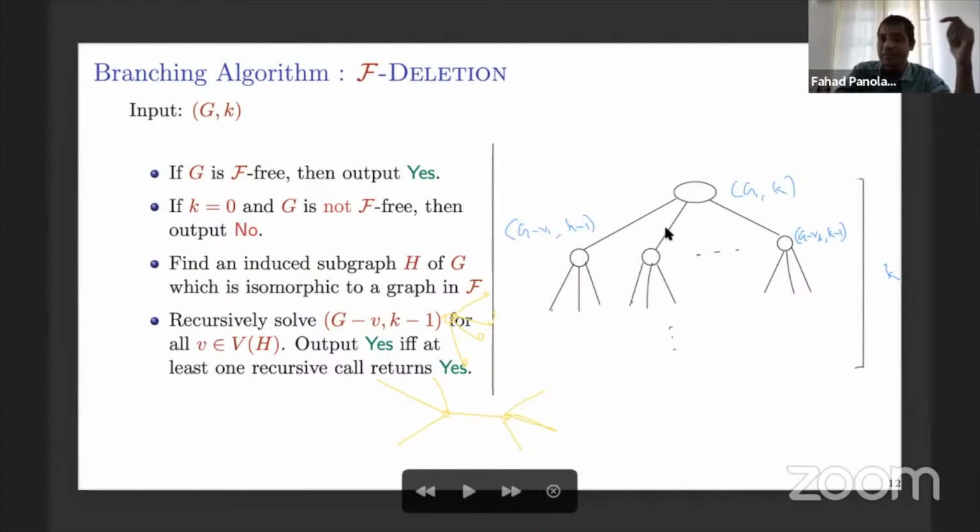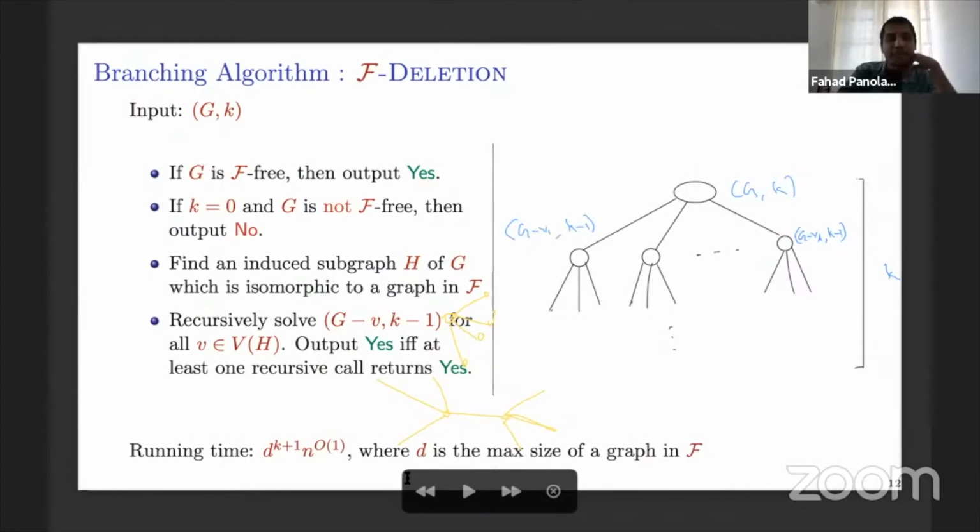The number of children for every node will be the max size of a graph in F. Suppose it is D, then the number of nodes in this tree will be about D to the power k plus 1. And that leads to an FPT algorithm.